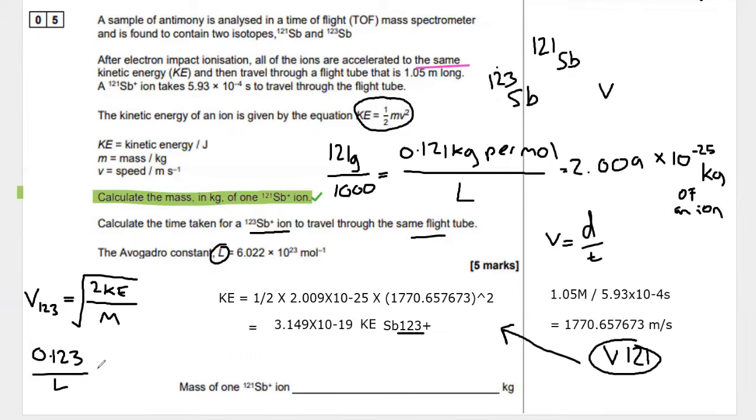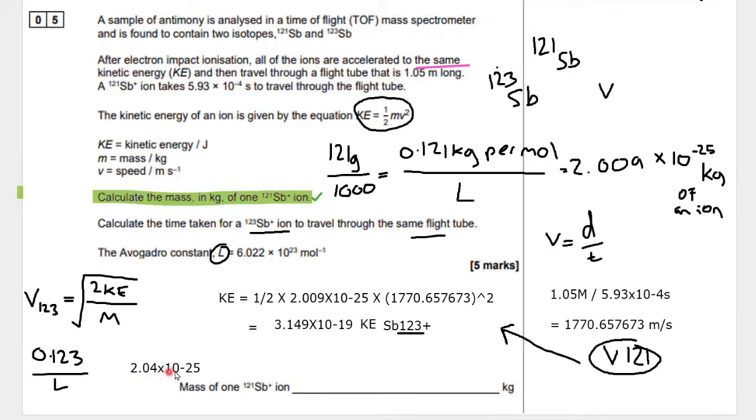So let's do that now: 123 divided by 6.022 times 10 to the 23. We now know that one ion is 2.04 times 10 to the minus 25. So it's a little bit heavier than our 121 ion. Remember, one particle of the 121 ion, which is obviously lighter, weighed 2.009 times 10 to the minus 25.